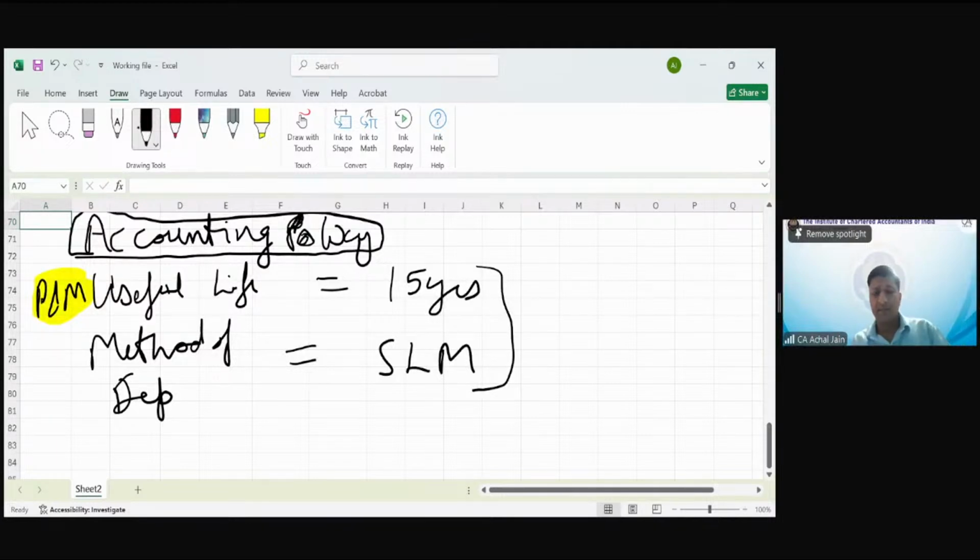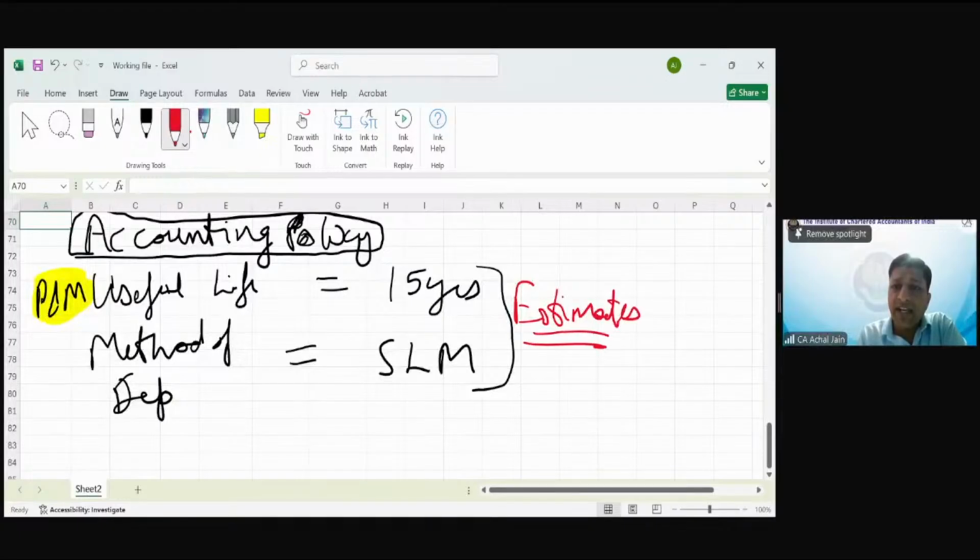Clear, Ishan? But sir, accounting policies are dependent on accounting standards, you know? Yes, that's correct. So the company can estimate the method and useful life and then disclose them as accounting policies. Yes, of course, because these two are estimates only. We are not saying that these are not estimates anymore. They are estimates only.